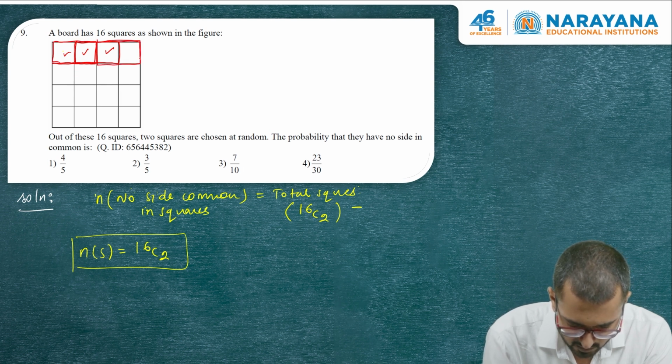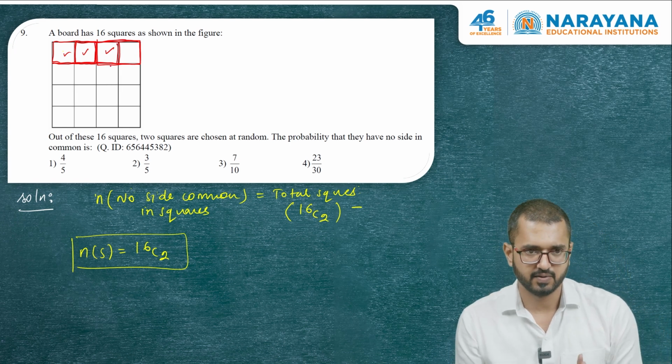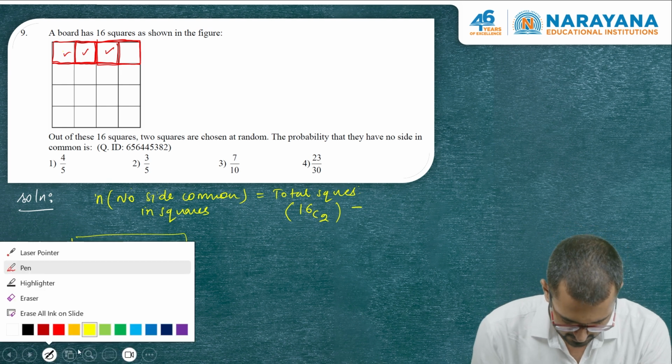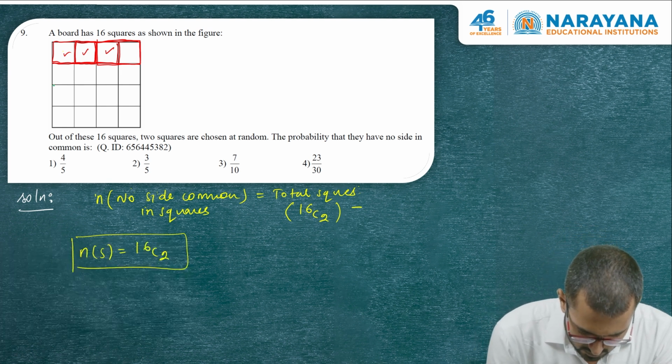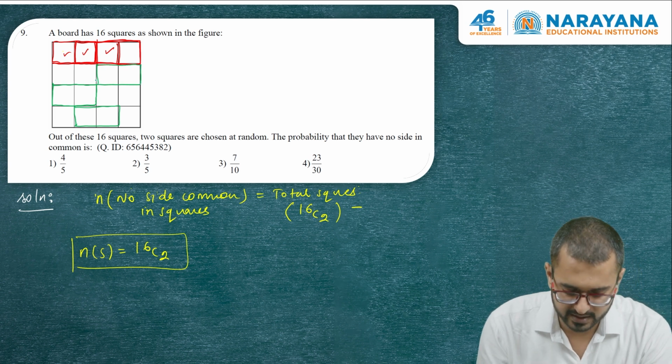That means from one row I am getting three sets. So if I choose these two, that's fine, or I can choose these two, or I can choose these two. So such squares I have to choose.